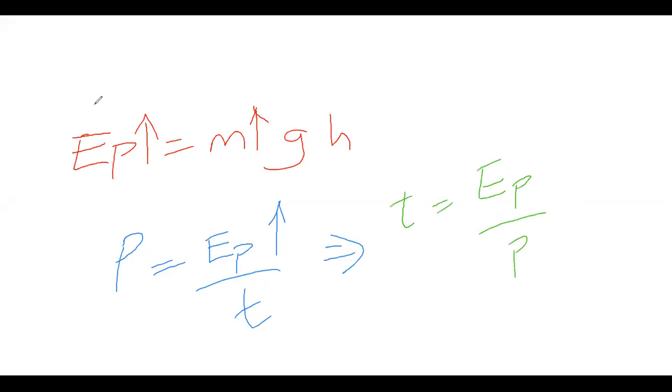If your energy increases and your power remains the same, that means your time will increase as well. Good. So it will take longer for the package to go up the conveyor belt. Alright, so this is how we relate the explanation that we have. See if you have an idea.